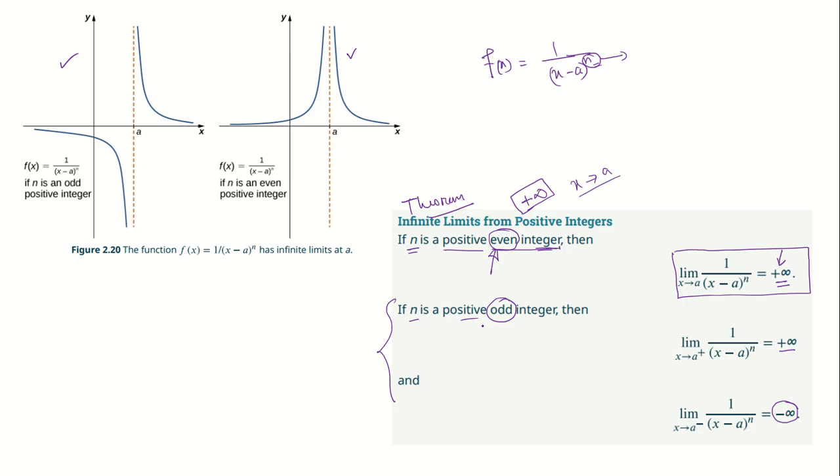But when n is a positive odd integer, if x approaches a from the right, then we will have positive infinity, and if x approaches a from the left, then we will have negative infinity.